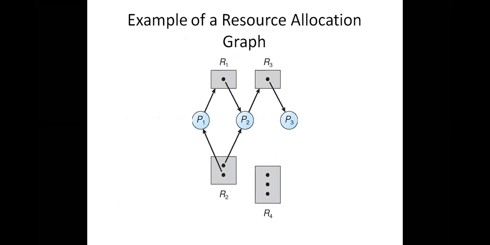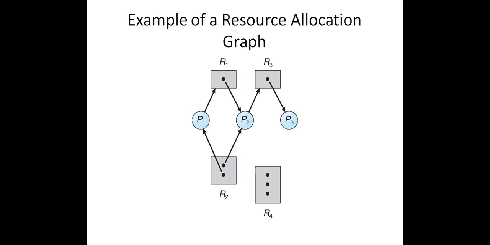Likewise, R3 also only one. Next R2, there are two instances of R2 type available. And R4, we have three instances of R4 resources available.